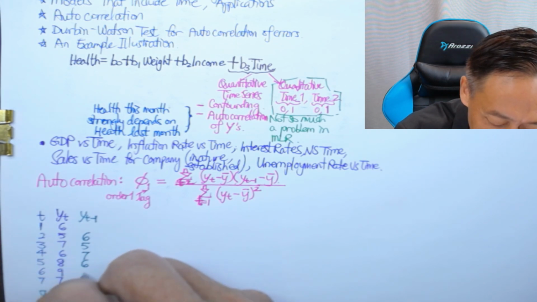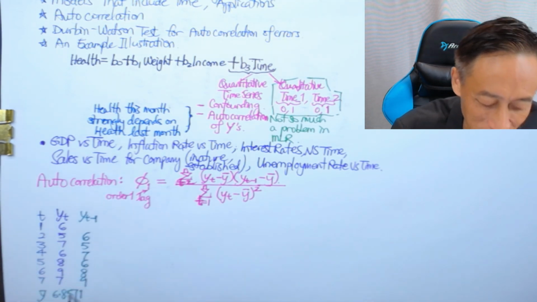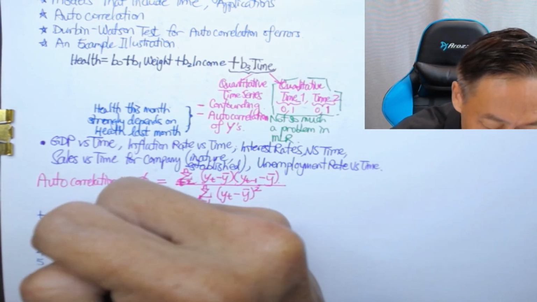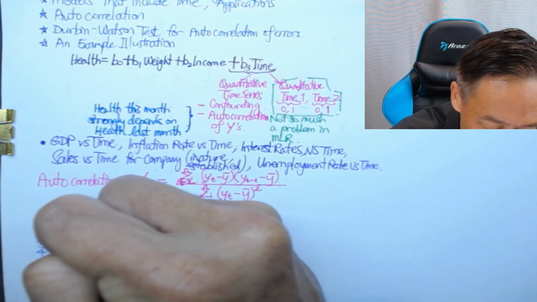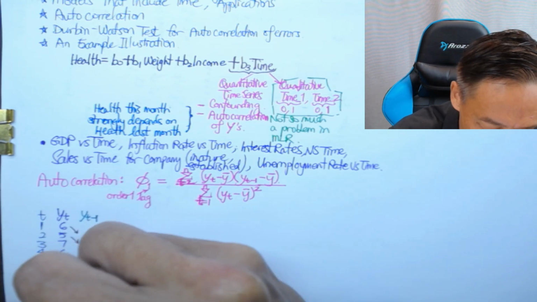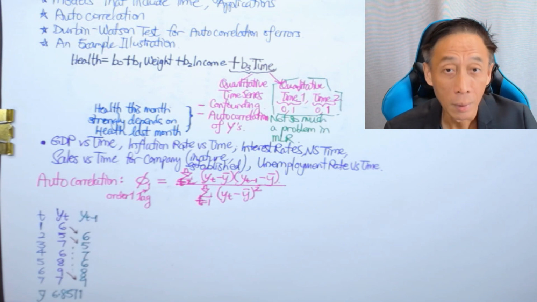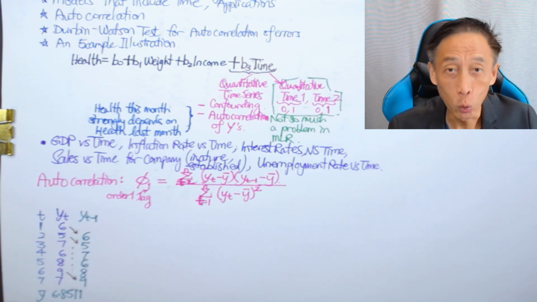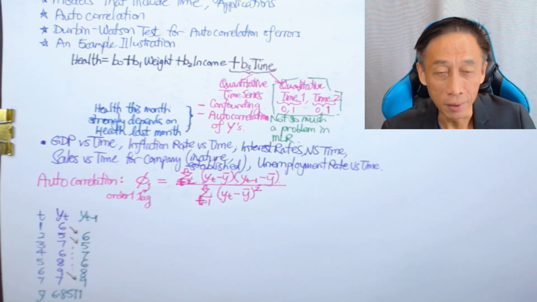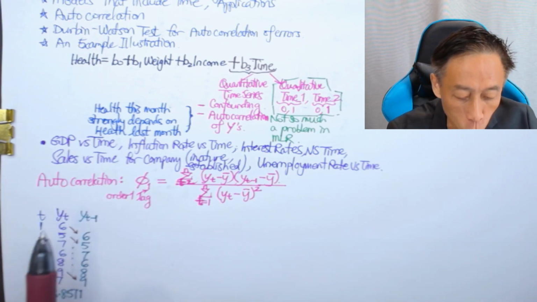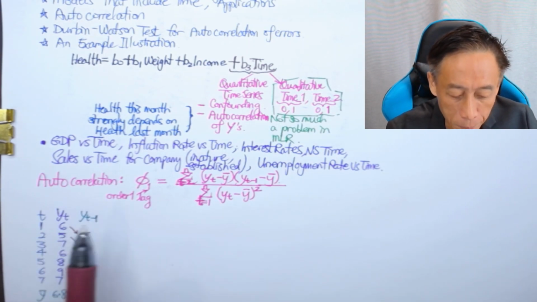Let me just finish writing first. 8, 9, and you see that the 7 is being skipped off, right? So mathematically, what we want is this shift. But programmatically, when you use R or Python, or for that matter even Excel, you should do the whole vector copying, copy paste, then shift down by one cell.